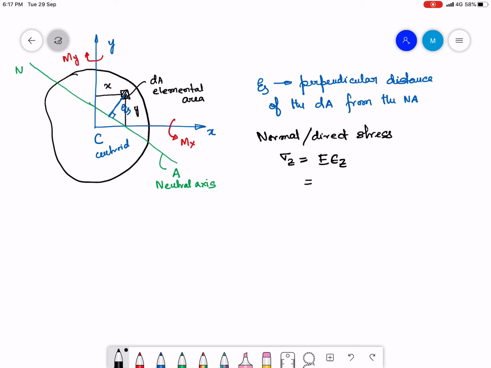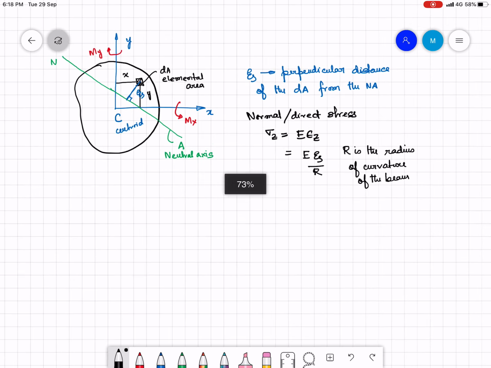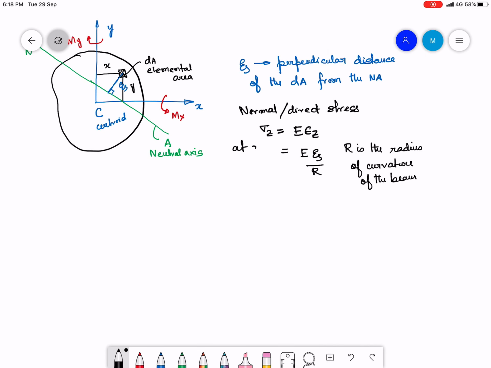This can further be written as E into zeta by R, where R is the radius of curvature of the beam. So this is for sigma z at the elemental area dA.